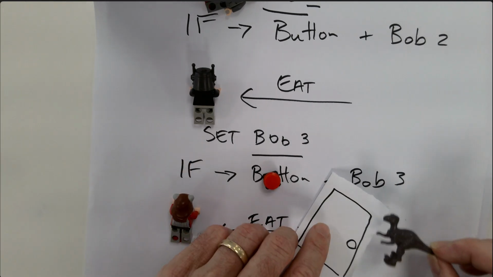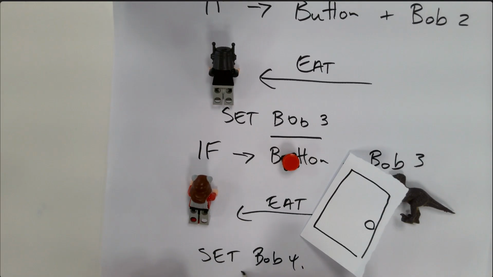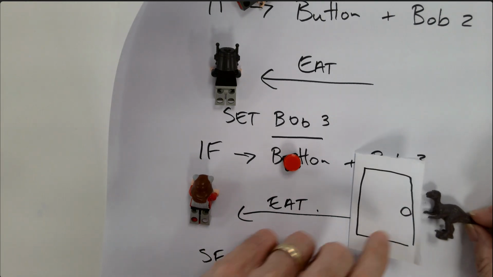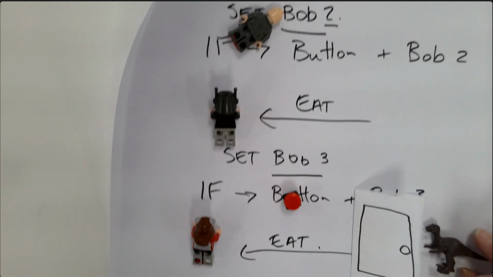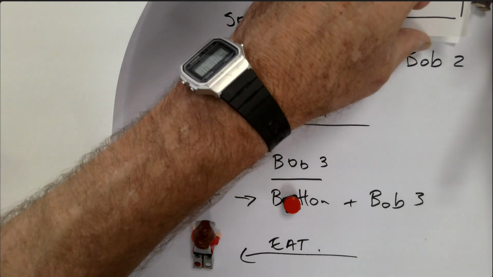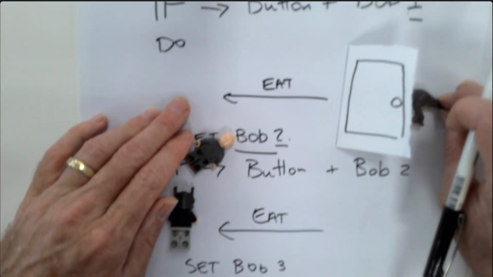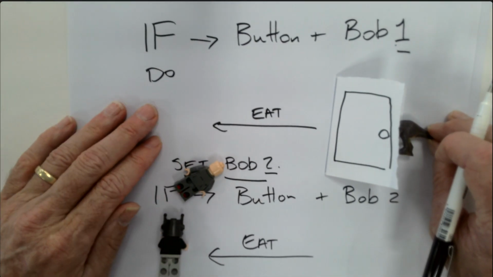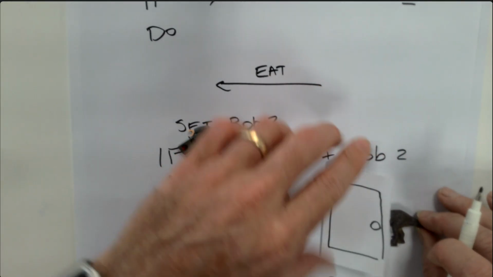It's pretty much gone, but then Bob is set to 4. That means the door gets shut again and the dinosaur can't get out.